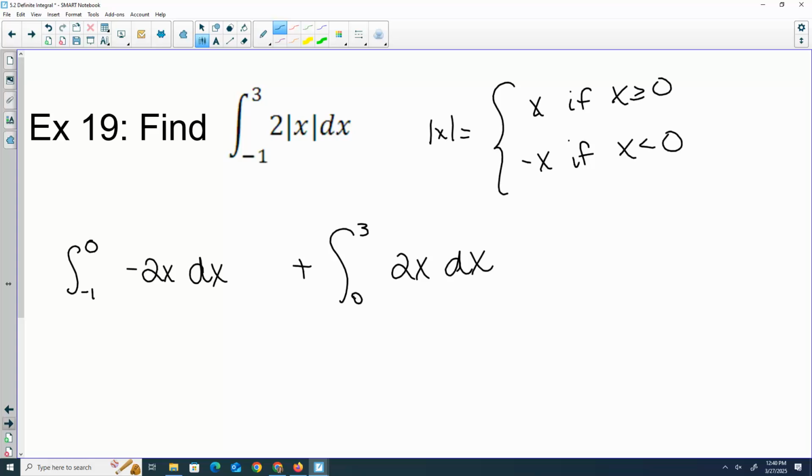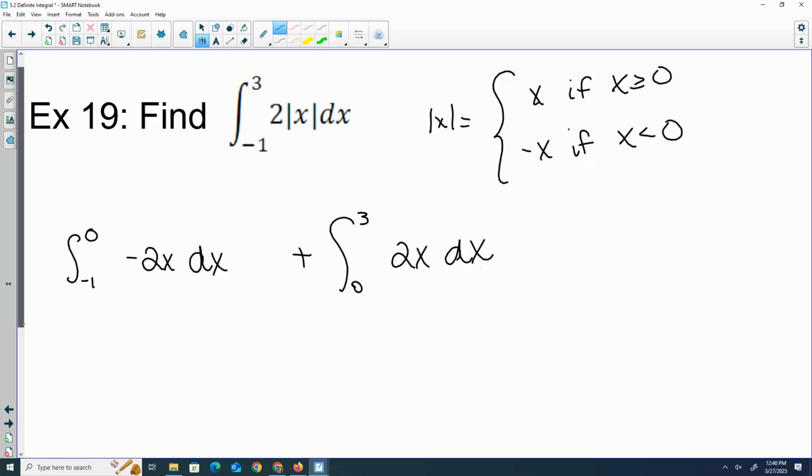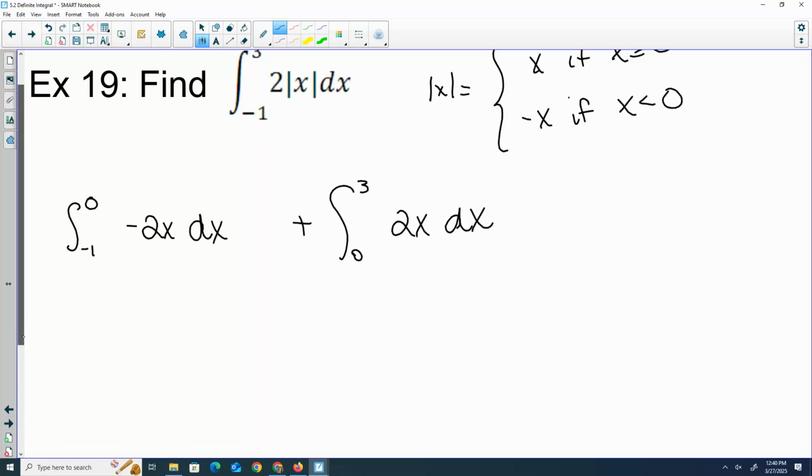Alright, so from there, antiderivative. What's the antiderivative of -2x? Negative x squared, from -1 to 0. And the antiderivative of 2x? x squared, from 0 to 3.